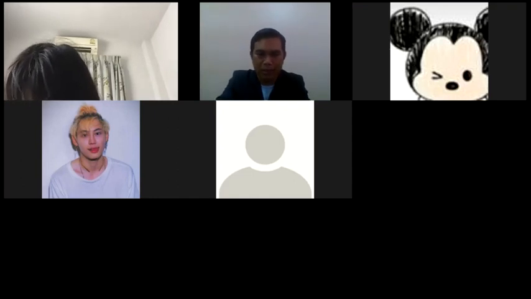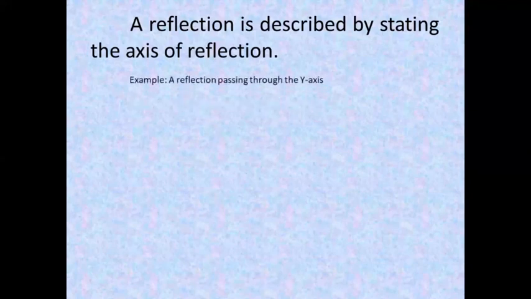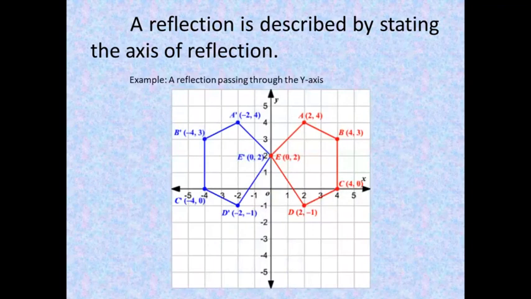Okay, let's continue with some more examples. Next, a reflection is described by stating the axis of reflection. So what does it mean? Example, a reflection passing through the y-axis. The example that I gave a moment ago, I said that the reflection is happening along the y-axis, as shown in that figure.